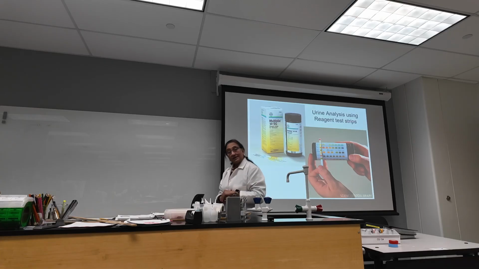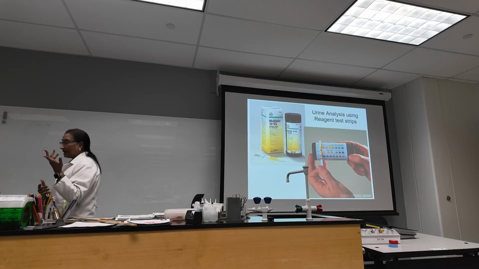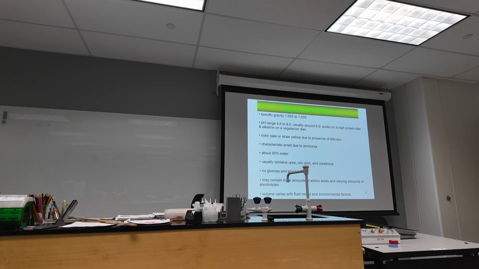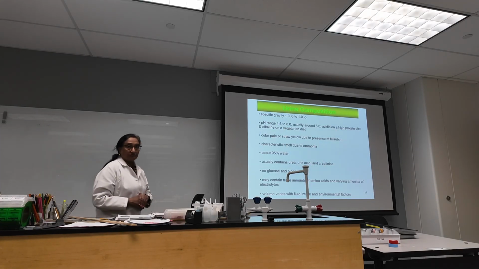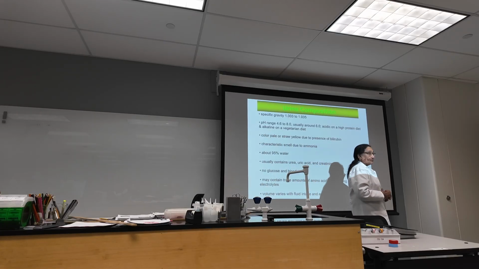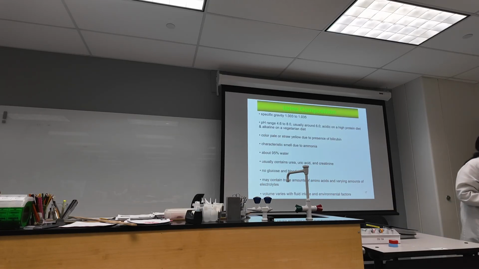The test that we normally do, you can do it as a lab test as well, but very quickly you can test urine for quite a number of things. One is specific gravity. What is specific gravity? It is the weight of urine compared to water, or the density of urine compared to water.